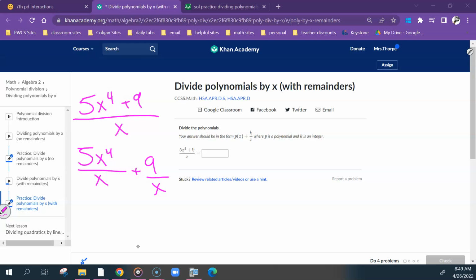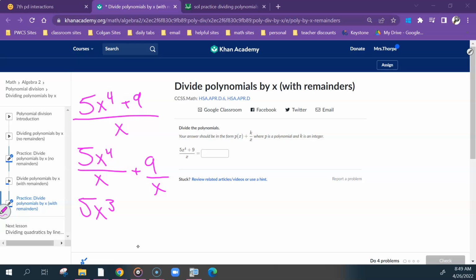And you would simplify what you can. Some of them may not be able to be simplified. 5x to the 4th over x would be what? 5x to the 3rd. Can we simplify this? No.